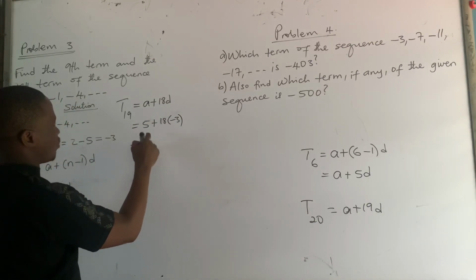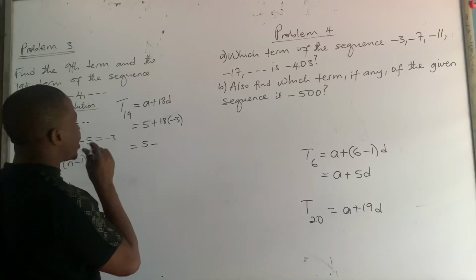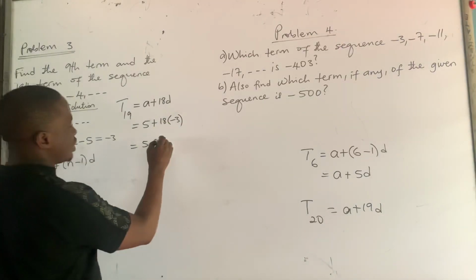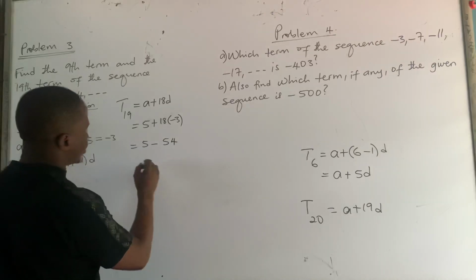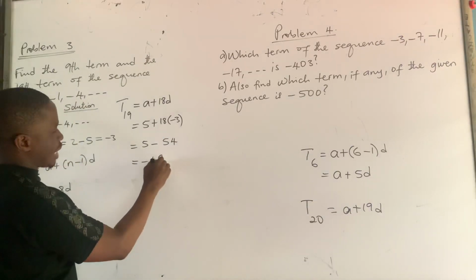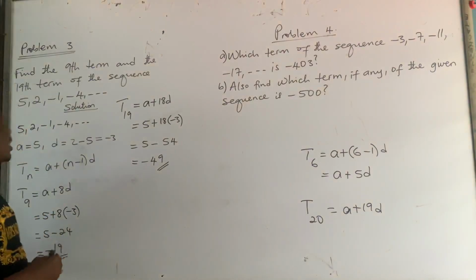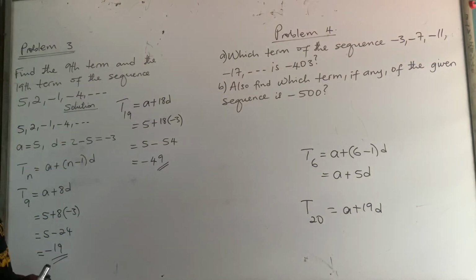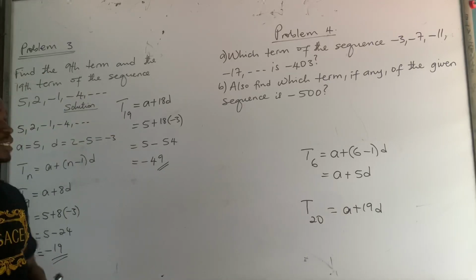So this is 5 plus 18 times minus 3, which is minus 54. So 5 minus 54 is minus 49. So far, these are what we were asked to find: the 9th term and the 19th term.